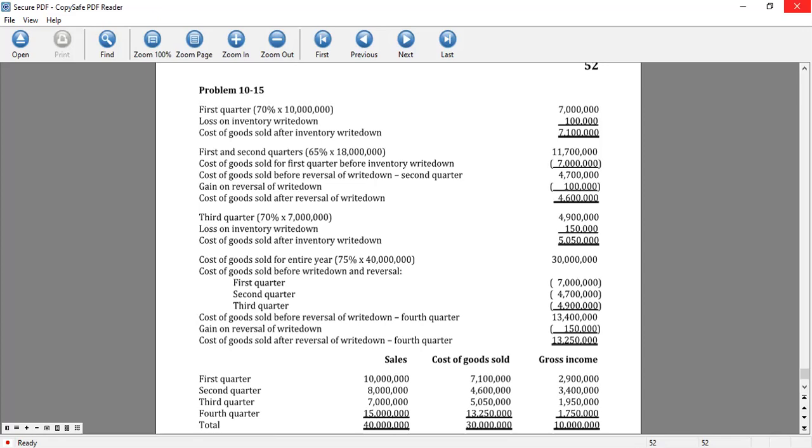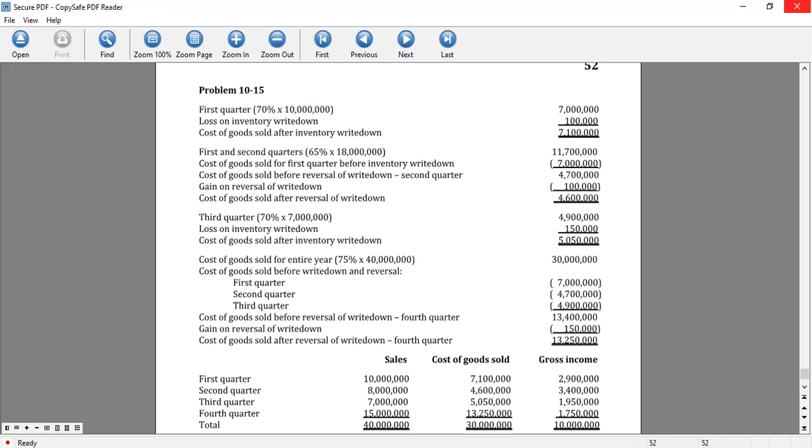Now, typical gross profit rate, actual gross profit rate at the end of the second quarter, and actual gross profit rate at the end of the first quarter. So now we have first, second, third, and fourth.